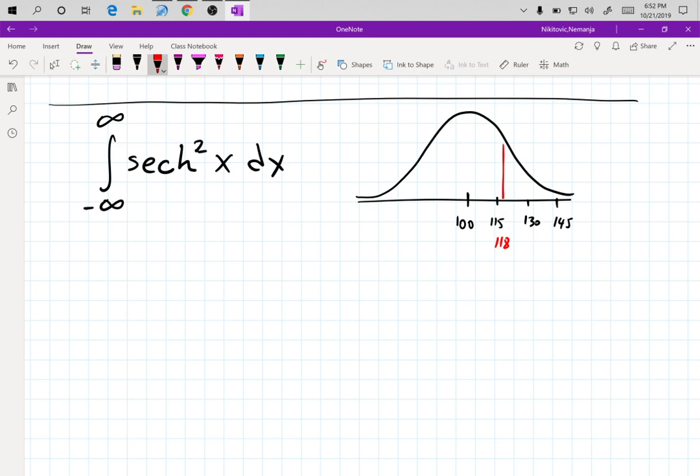Look at that. Now you get to replace those papers with the improper integral, going from negative infinity to whatever the z-score is, let's say 1.1. You would actually do the integral, and that would work out to be a decimal number, which is the decimal number you have in that chart.